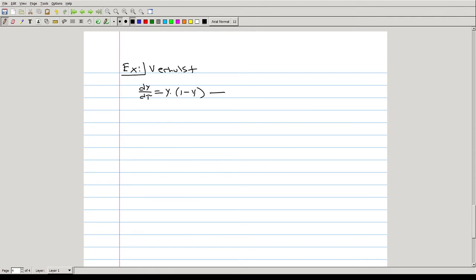And remember that when we solve this, we end up getting the natural log of absolute value of y over 1 minus y is equal to tau plus c when we separate variables here and we solve the differential equation.